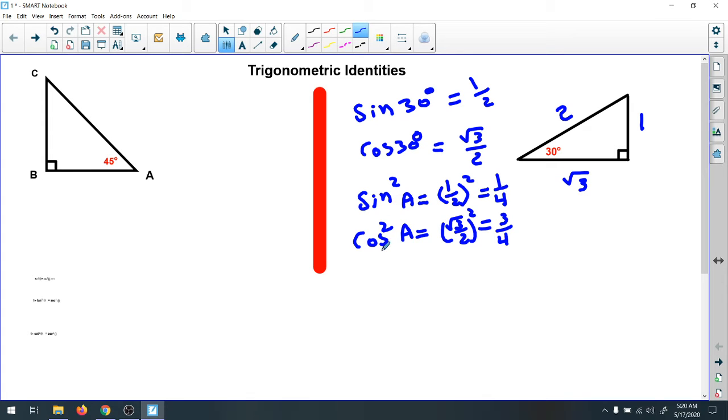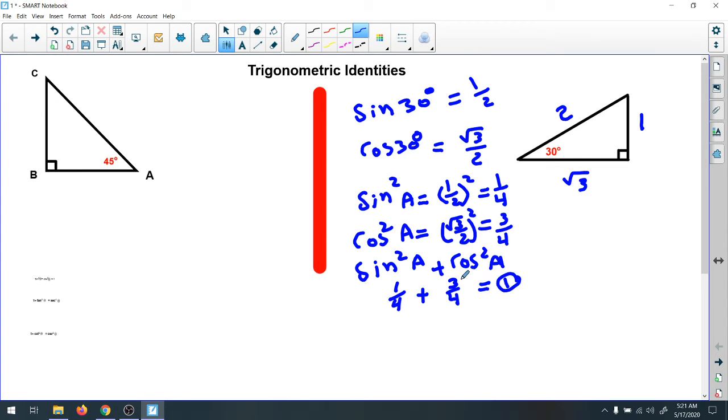Step 2, square cosine. Now we're going to add sine squared of a plus cosine squared of a. So it's 1/4 plus 3/4, and 1/4 plus 3/4 equals 1.